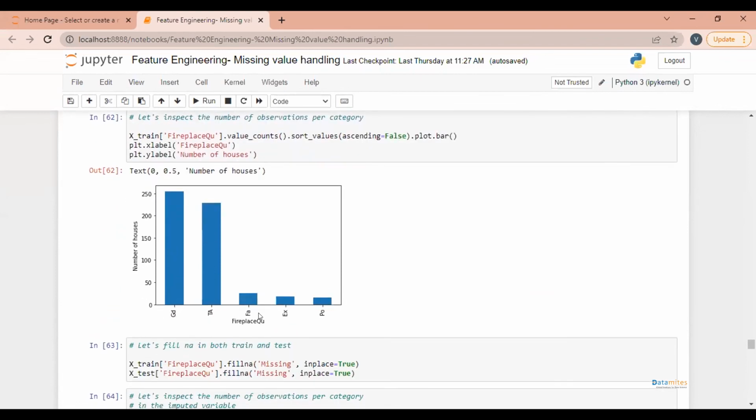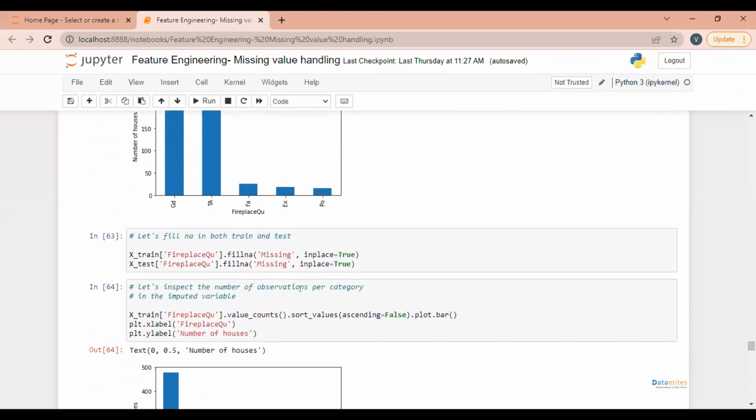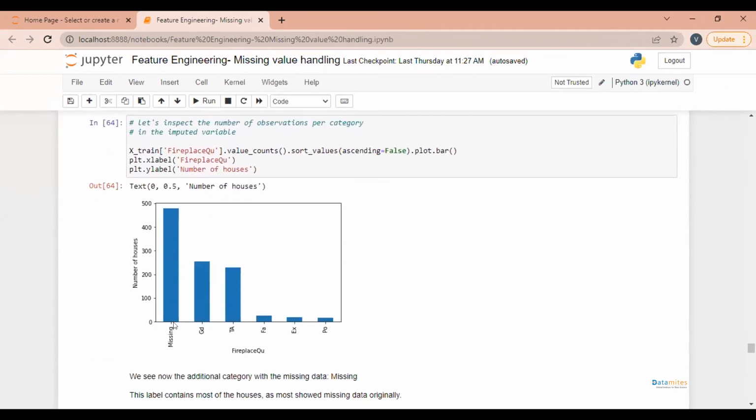We have GD, TA, FA, X, and PO for fireplace as well, and we have filled these values with missing. Since around 50% of our data was missing, the bar chart shows the missing label having the maximum occurrences, because most of the missing data has now been labeled as missing.